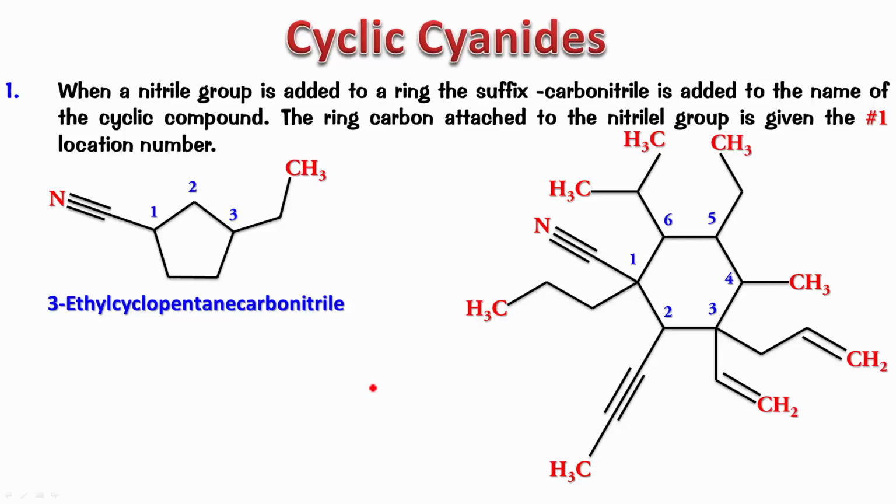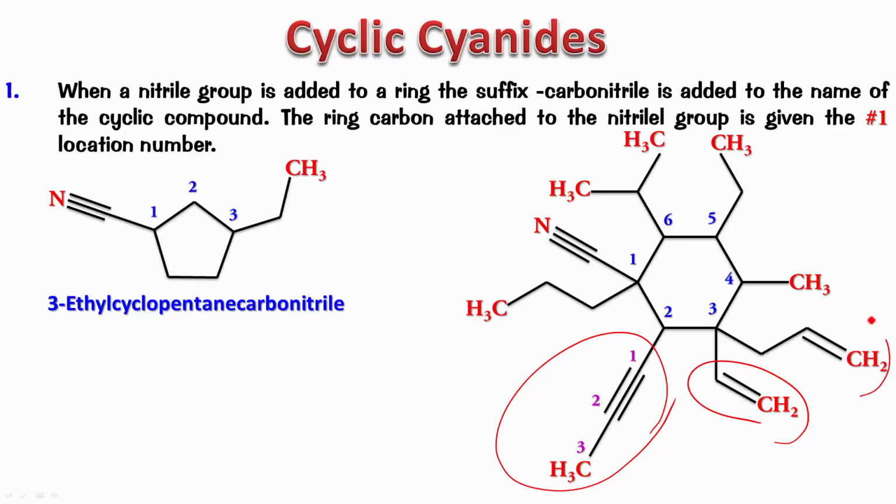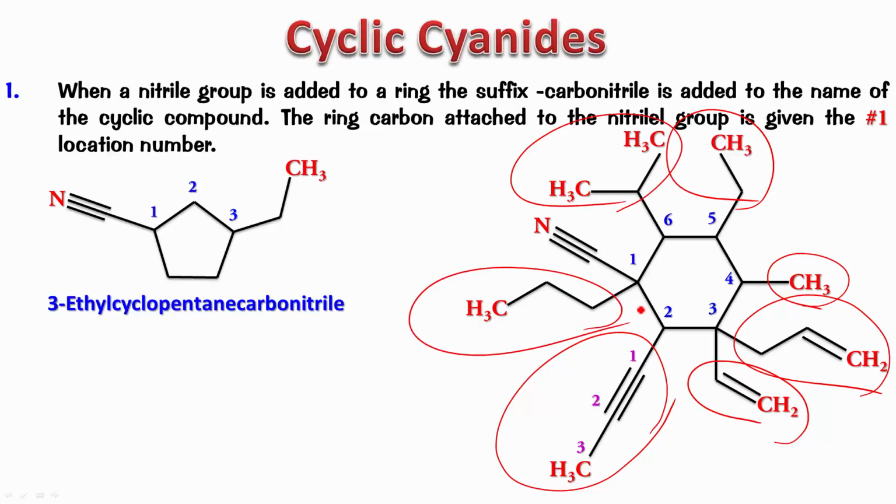So it's cyclohexane carbonitrile, and then you have all these substituents. If you want to look at the substituents, 1, 2, 3. And this fellow is prop-1-inyl, vinyl, allyl, methyl, ethyl, isopropyl, and propyl.